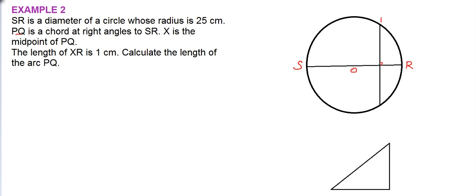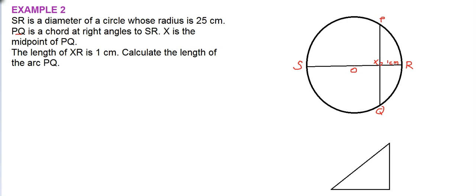Then it goes X is the midpoint of PQ. So the center point of PQ is here, and let's call that X. And then it says the length of XR is 1 centimeter. So from X to R here is 1 centimeter.